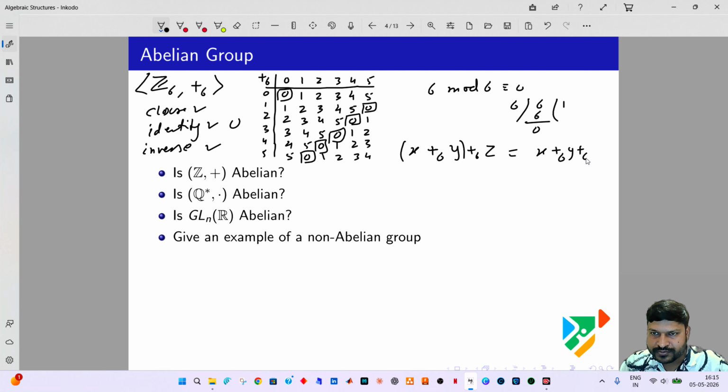In other words, you add two numbers, take modulo 6, then you add with the third number, take modulo 6, or you add all the numbers at the same time, take modulo 6, or whichever way you want. This modulo operation is compatible with addition, so you are free to take modulo at any time.